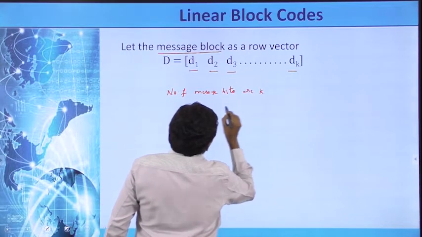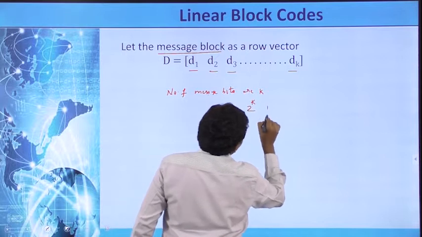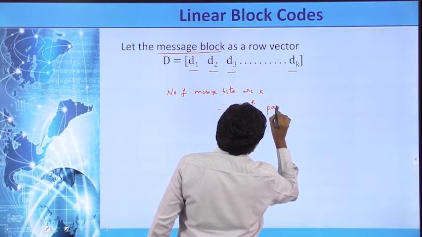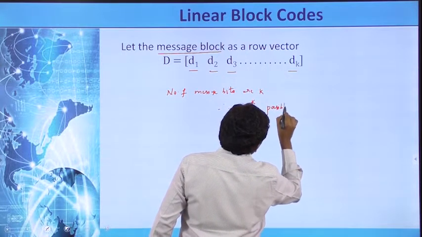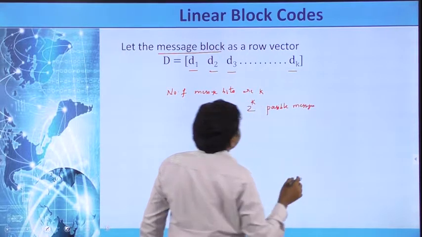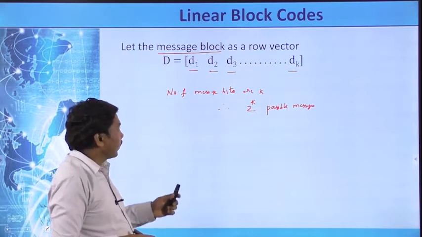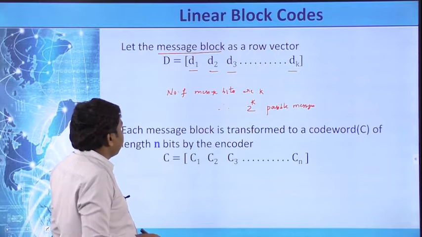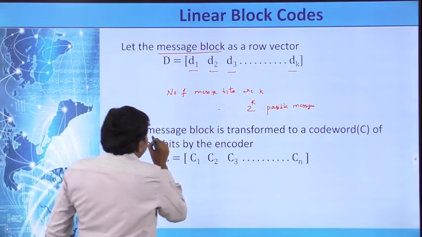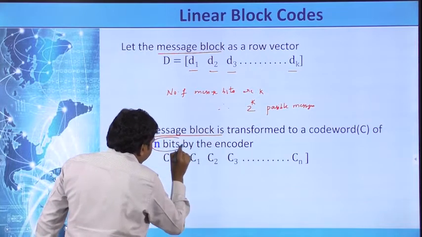Therefore we have 2 power k possible messages, right? And each message block is transformed into a code word of n bits.